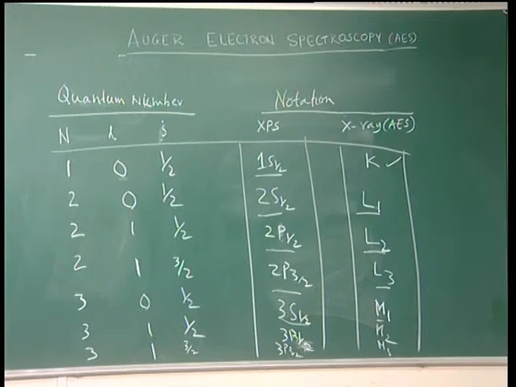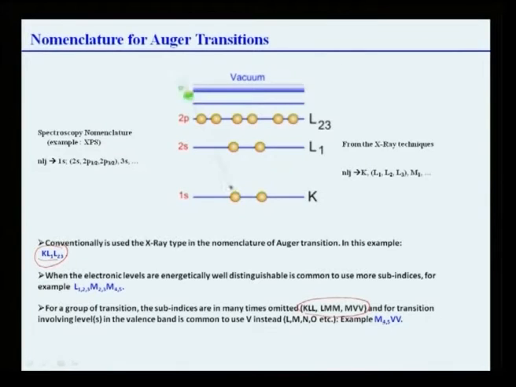So if there is a transition, suppose like this one, K L1 L23, where L23 is 2 3 levels, it will be K L1 L23 or K LL, both are possible. If there is a transition from K to L1 M1, then it will be K L1 M1 or K LM or K MM is also possible. Okay, all these different kinds of combinations are possible.